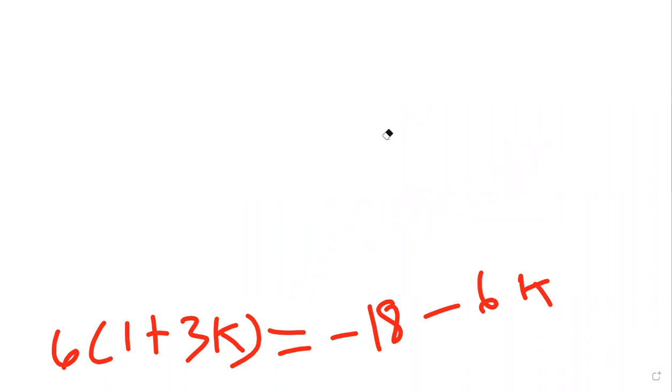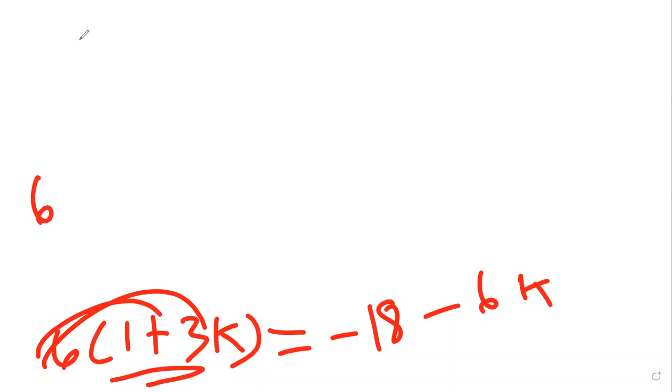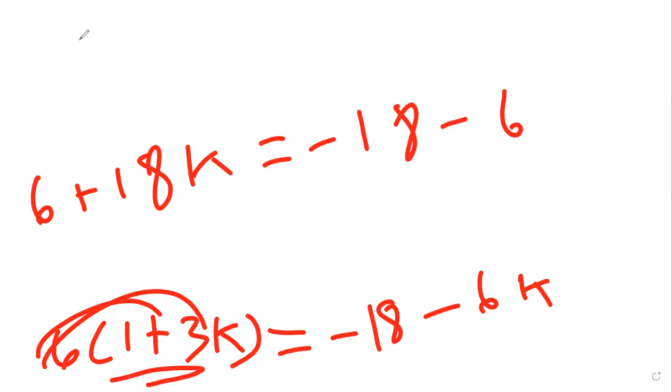So first, let's try to see if we can simplify this first. We can solve anything in these parentheses right here using the distributive property. We say 6 times 1 is 6, 6 times 3k is 18k, equal to negative 18 minus 6k.